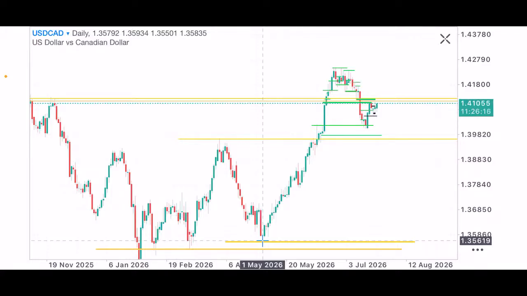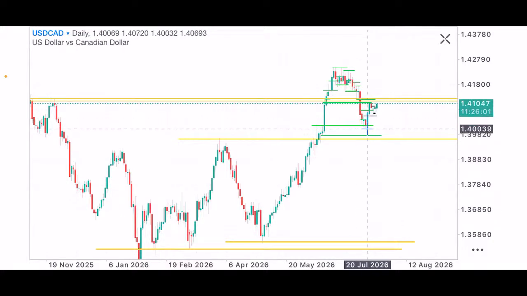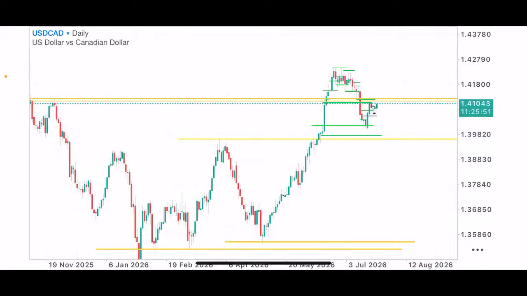Price rallied from 1.356 and ended here at 1.421, 1.424. Then we saw a nice drop back to this 1.401 level. All right, so this is the daily time frame.